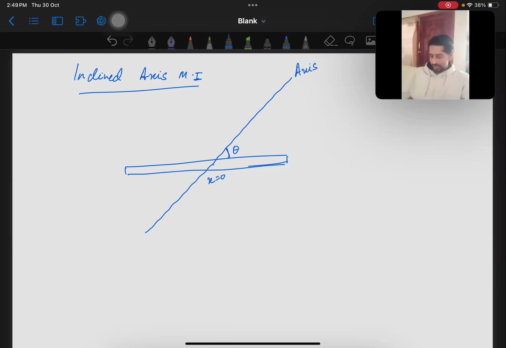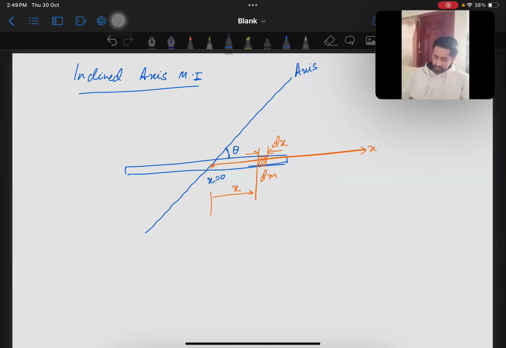To find the moment of inertia about this axis, again, take an element, mass of the element dm. Distance of the element from x equal to 0. We are going to take this axis as the x-axis. And therefore, this distance over here is how much? x. What is a small increase in this x value? dx.